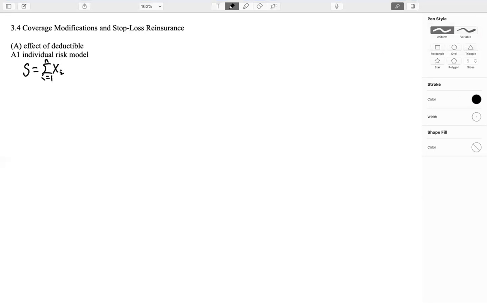Effect of deductible. Of course we use D to denote deductible. So there are pretty much two things, right? One is N, one is X. So let's analyze the deductible.